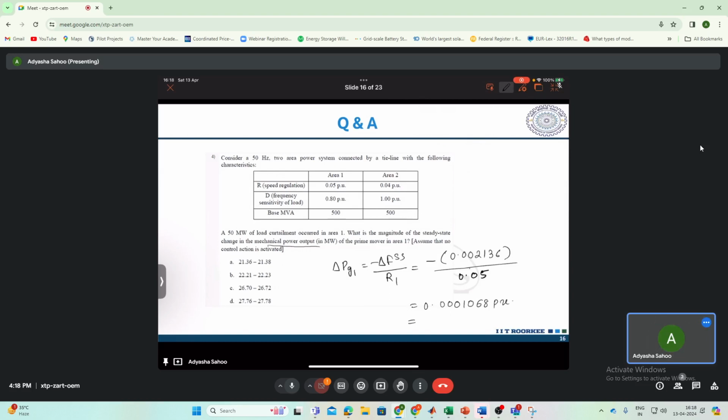That will give you minus 0.04272 per unit. So this into 500 will be in megawatt, which is nothing but minus 21.36 megawatt. So that is your option A.